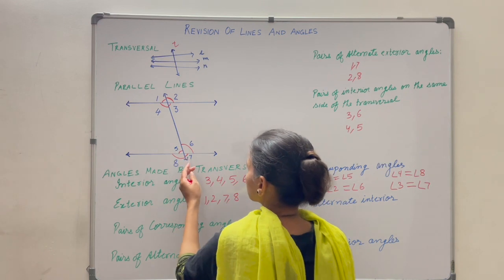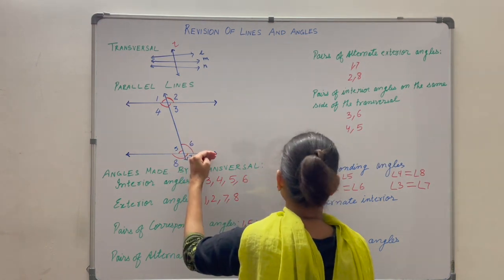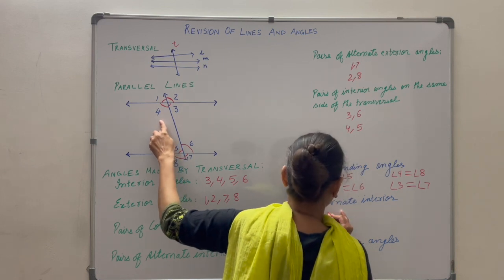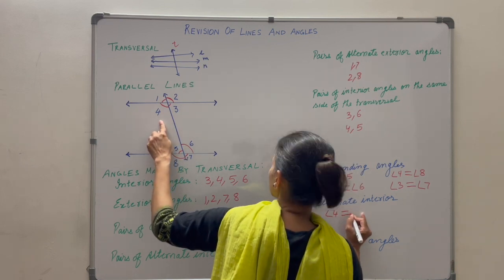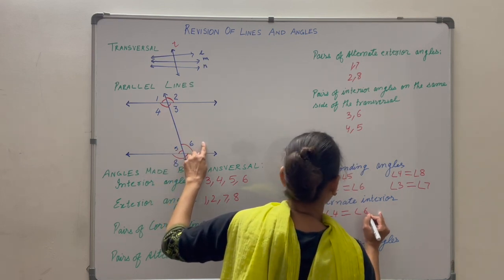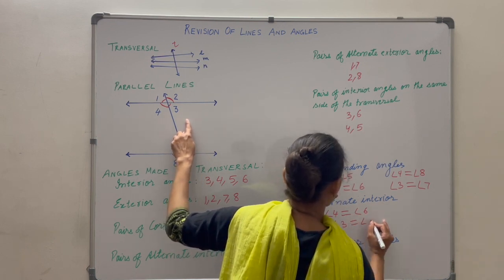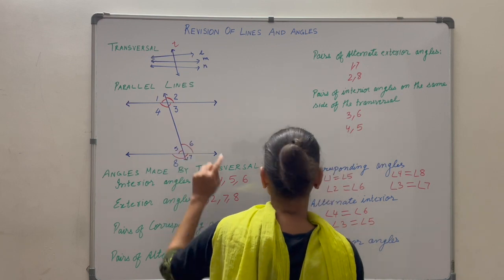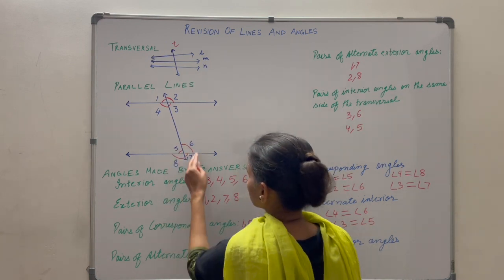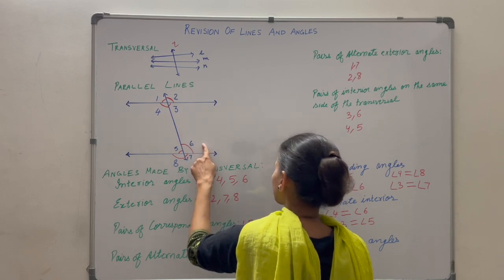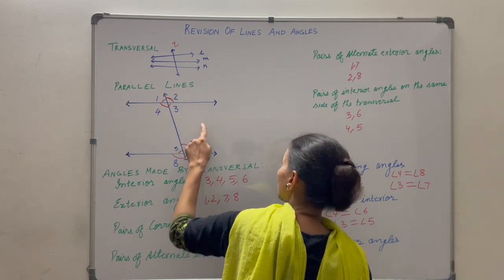When a line intersects two parallel lines, then each pair of alternate interior angles are equal. That means angle 4 is equal to angle 6, and angle 3 is equal to angle 5. When a line intersects two parallel lines, then angles on the same side of the transversal add up to 180 degrees.